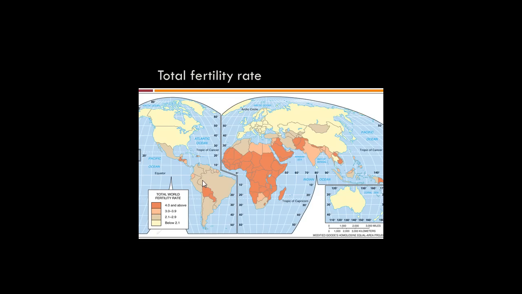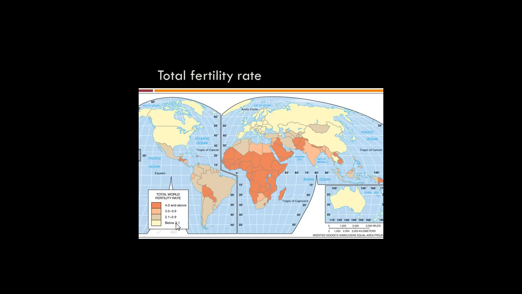Now there is a somewhat even more important idea associated with the total fertility rate that I want to draw your attention to. The number right here, 2.1, that's actually a critical threshold. 2.1 with regard to the TFR is also called the replacement rate, meaning in order for a population to remain stable, you need to have a TFR of at least 2.1.